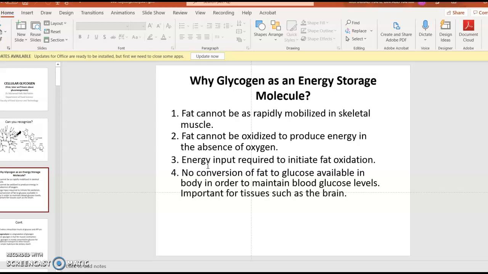For glycogen, you don't have to supply ATP in order to break the molecules, but for the fat, you need to supply ATP first before you can break them down into smaller molecules that can be used as an energy source. And the final one is that there is no conversion of fat to glucose available in the body to maintain blood glucose level, which is important for tissues such as the brain.